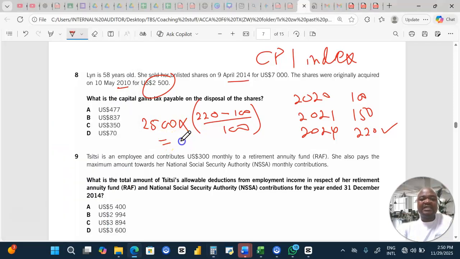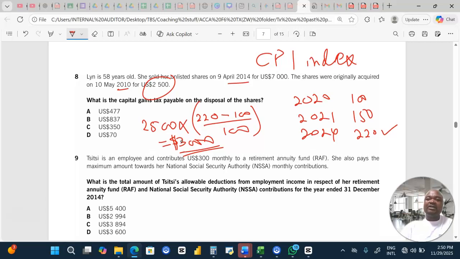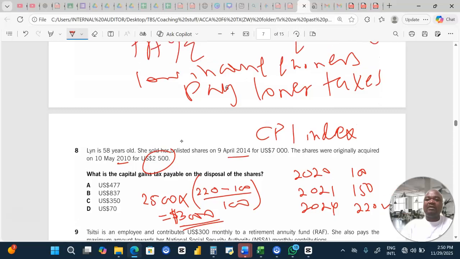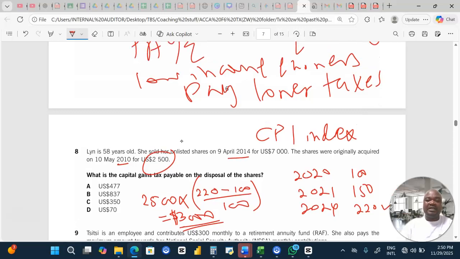This means that the cost for these shares was $3,000. Okay, we are only computing the cost for now, because we need that figure in our computation. So now, after getting the cost, we then have to come back and compute the whole CGT using the CGT tablet, isn't it?